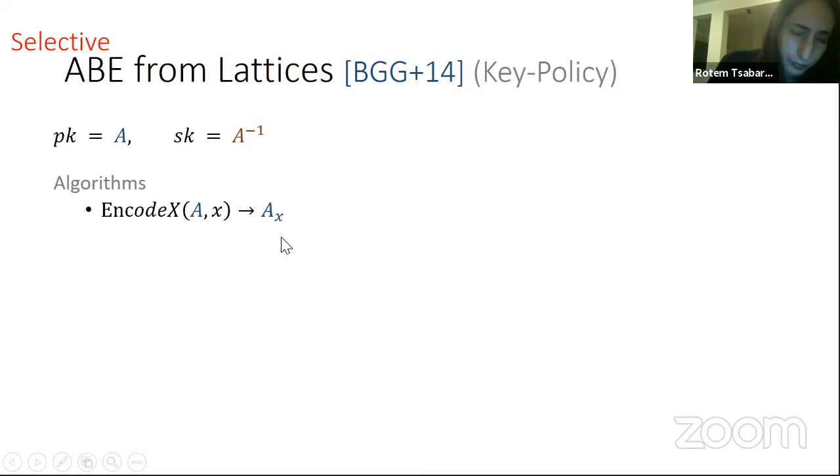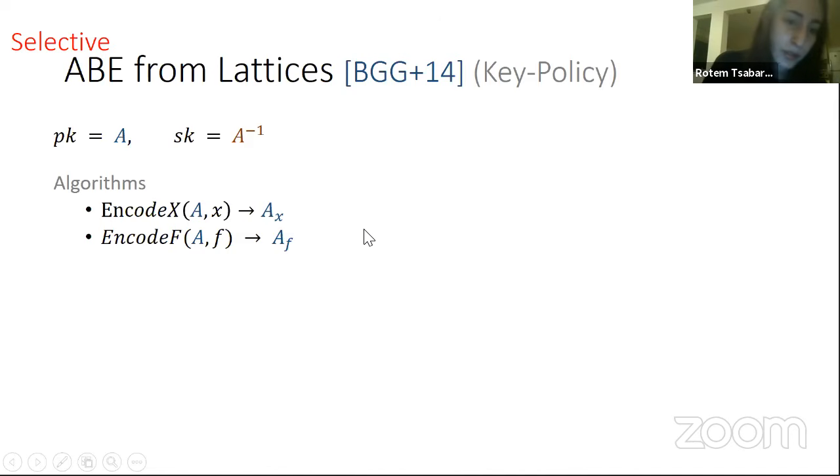They correspond to the computation of those short matrices that Rotem discussed in the previous hour. There would be an algorithm that takes a matrix A and some value X and outputs a matrix A sub X. Additionally, there will be an algorithm that takes the same matrix A and some function F and outputs a matrix that we denote A sub F.